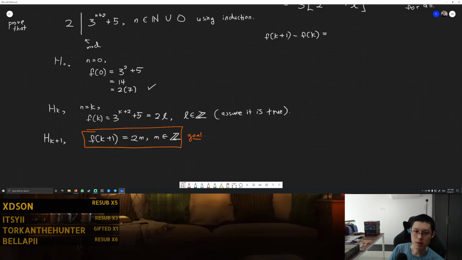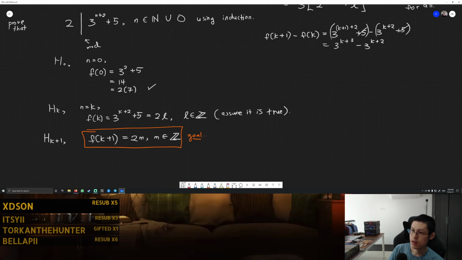Okay, what do we have? We have 3 to the (k+1) plus 2 plus 5 minus f(k), which is 3 to the k plus 2 plus 5. Okay, there we go. So the 5s would cancel, and then simplifying, we get this minus this.